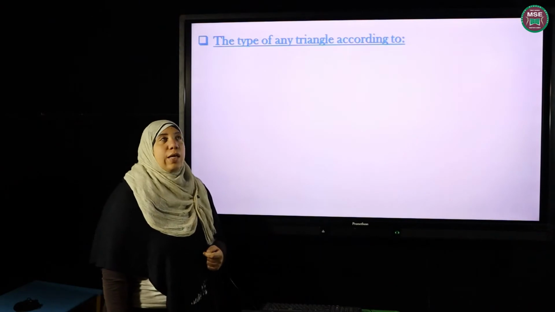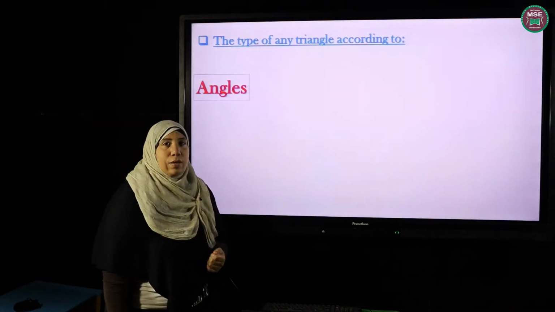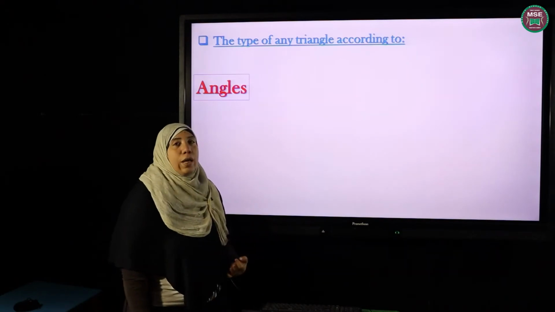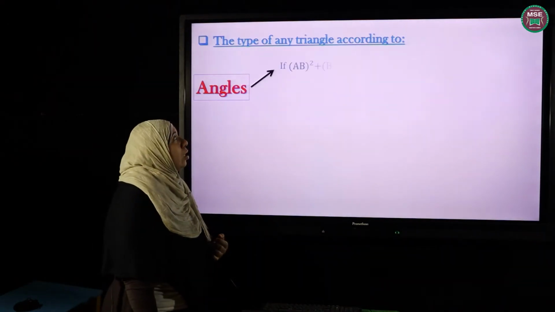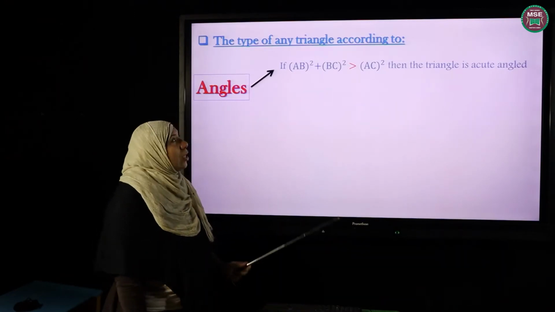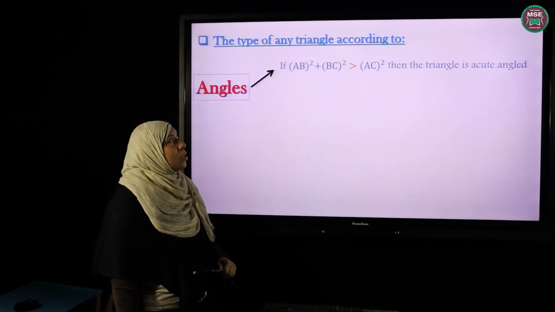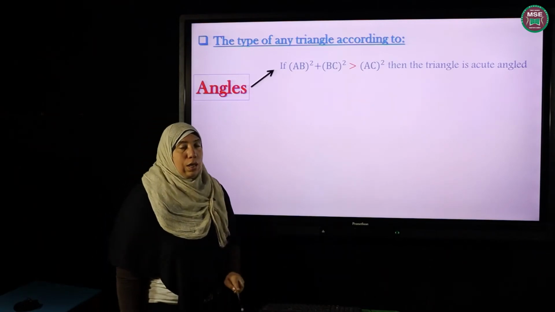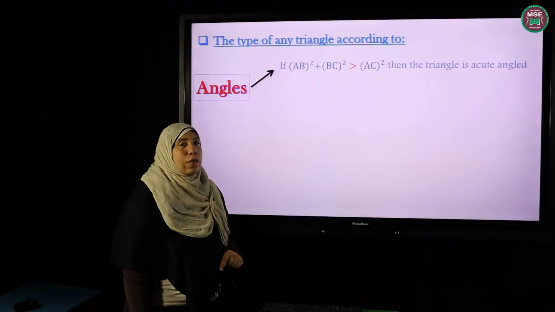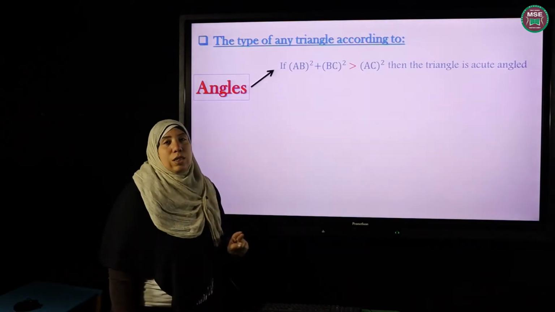Again, the type of the triangle according to angles. He can ask you to find which is right or acute or obtuse. Here, I will use the squares of the sides. I will take the smaller 2 sides, square them and add them to each other.